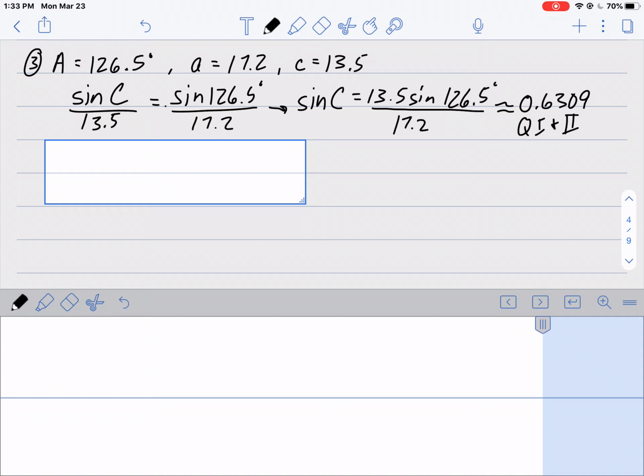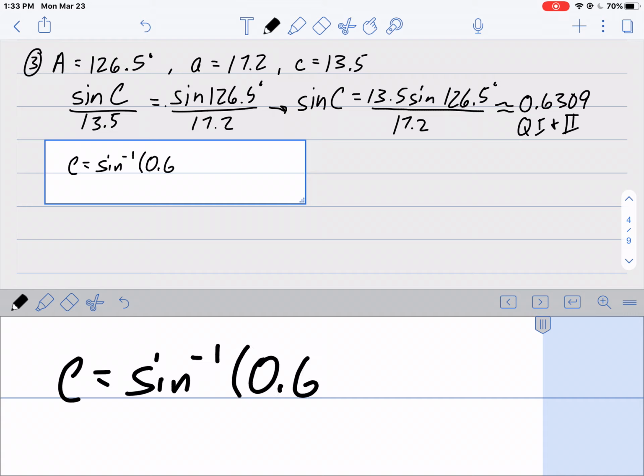So let's go with C equals inverse sine. Let's find first that acute angle, 0.6309. And that'll give you an angle of approximately 39.1 degrees.